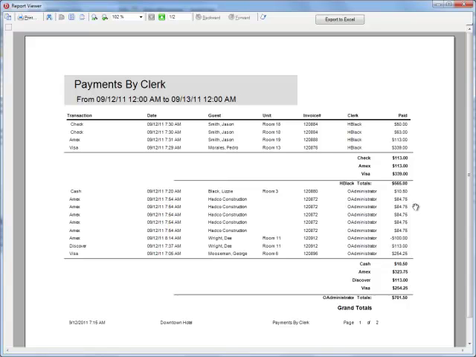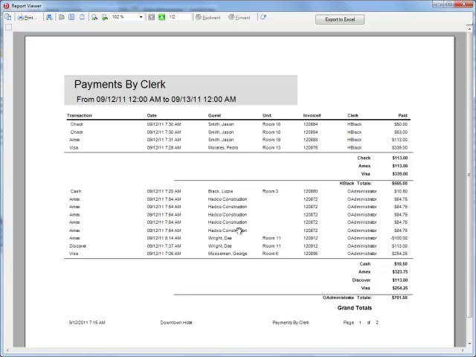If you received one payment for $423.75 and applied it to all 5 reservations, the payment will actually be broken down by each individual reservation on this report. So instead of seeing one $423.75 payment, you'll see 5 $84.75 payments. They'll also have the direct bill account name.